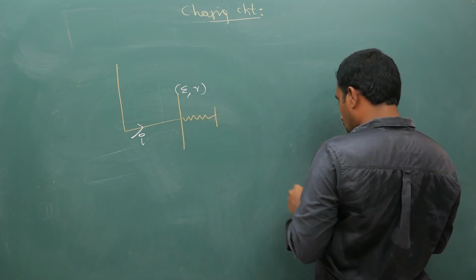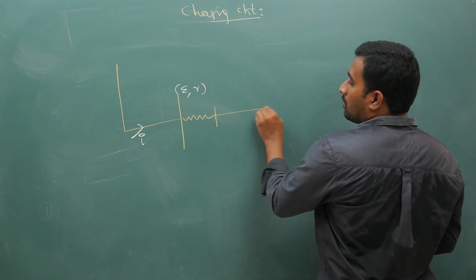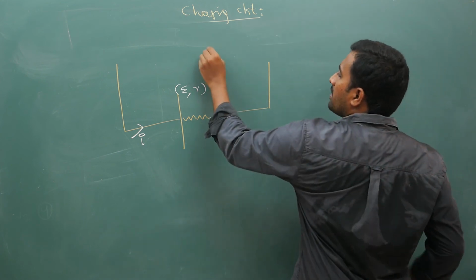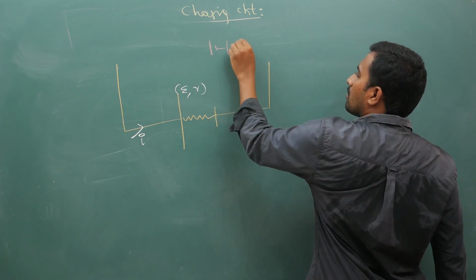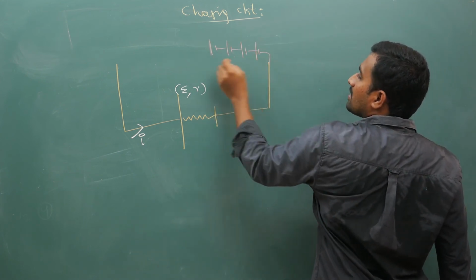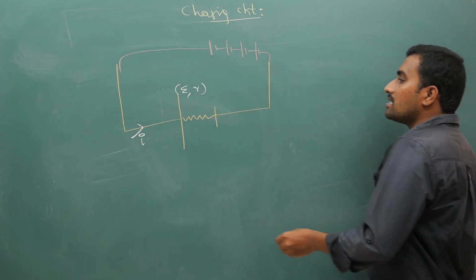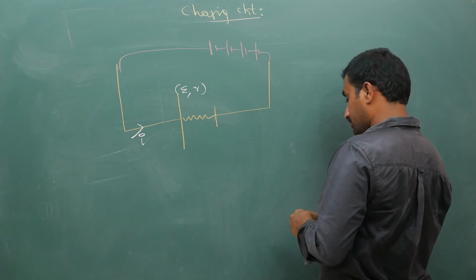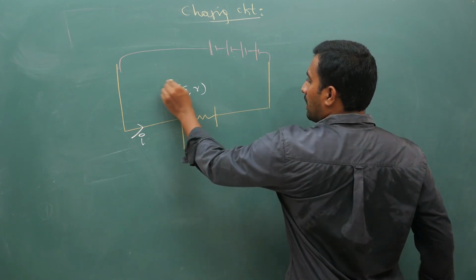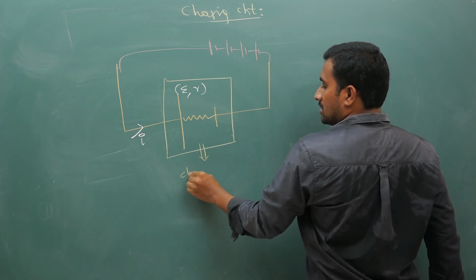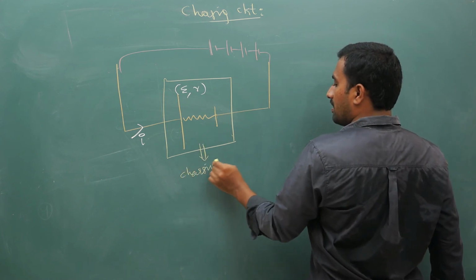This is an example of a charging circuit. Some combination of cells like this is supplying this current I, so this part that you have here is the charging circuit or charging battery.